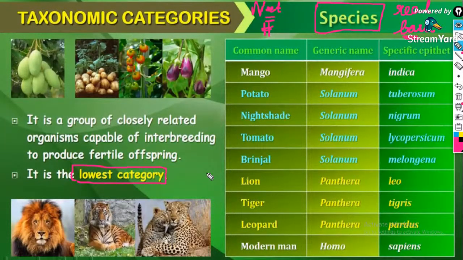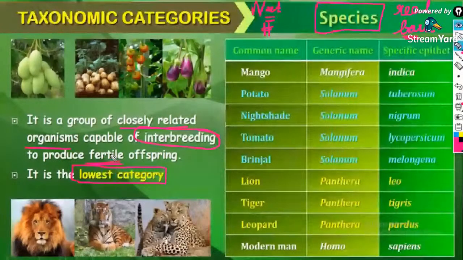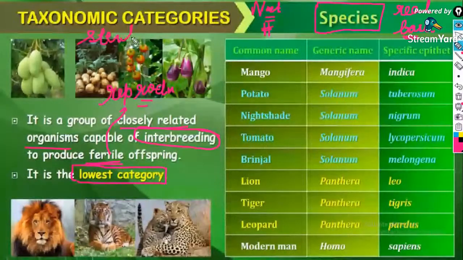It is a group of closely related organisms which are capable of interbreeding to produce fertile offspring. What is fertile? Fertile means they are also capable of reproduction. Sterile and fertile are opposite in meaning. Sterile means not capable of reproduction, for example mule, liger, and so on.